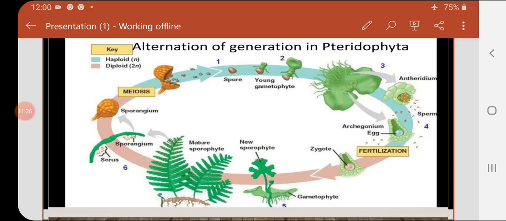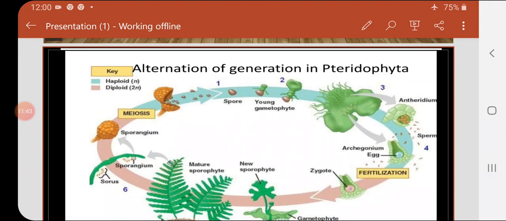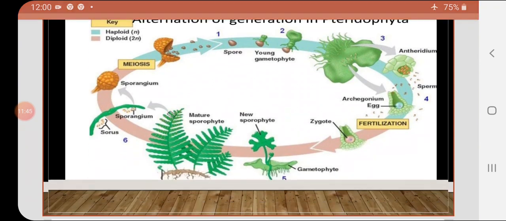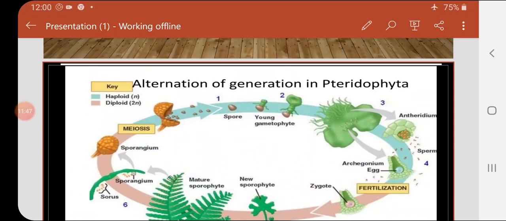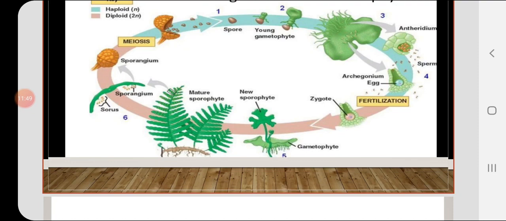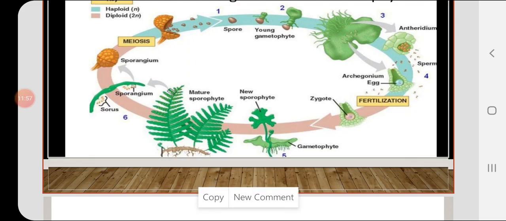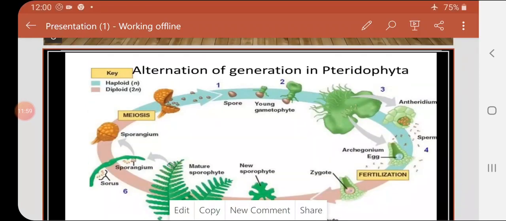So the gametophytic generation produces male gametes and female gametes. When they are produced, fertilization will take place and a zygote will be formed. From the zygote, a new sporophyte will come. You can see here the zygote gives rise to a new sporophyte.